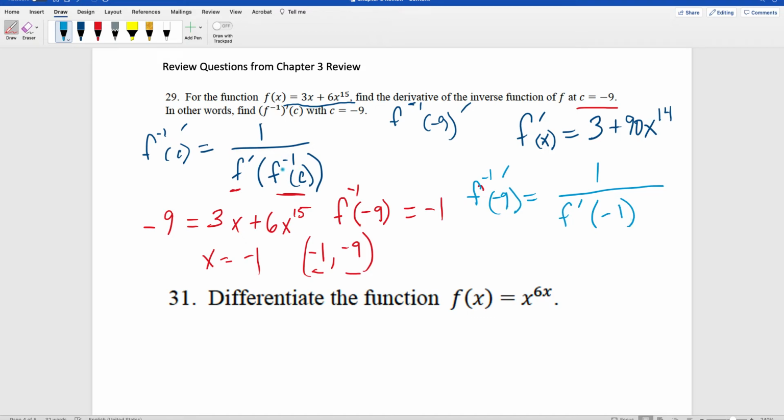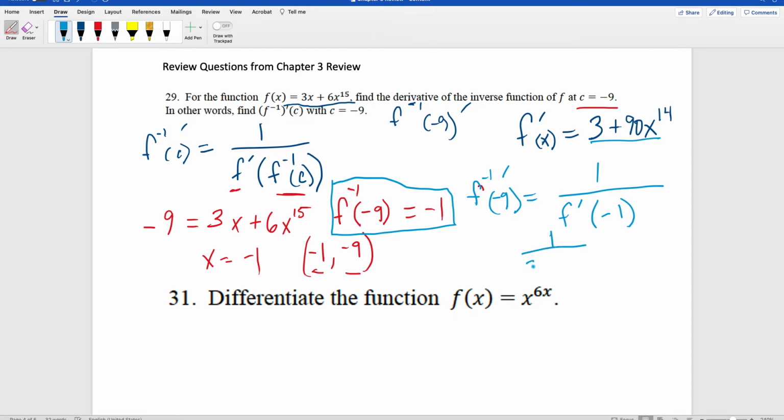Because this is f inverse of -9. So we figured out what that answer is. This tells us what to plug in. Well, what's the f inverse? It's up here.